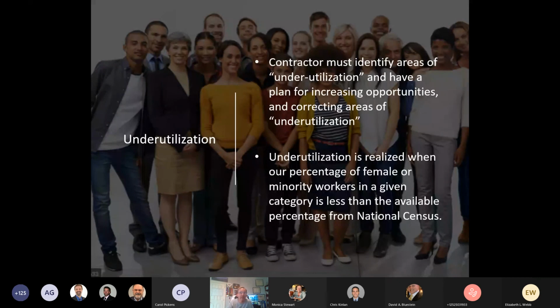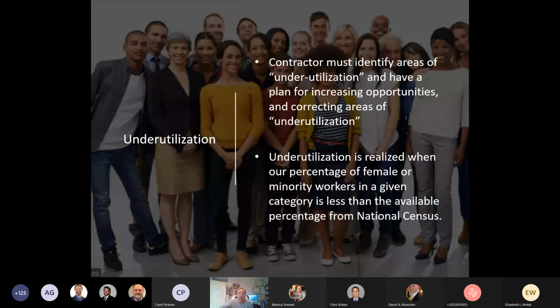We could be 10% or we could be 20% if we had 1 Hispanic or 2 Hispanics. So the fact that we're 10 rather than 11 would not be considered underutilization, because it's not considered to be statistically significant. So as you look across our data, we have areas where we're under, but it's not underutilization. And we'll talk about what that looks like in terms of where we are underutilized.